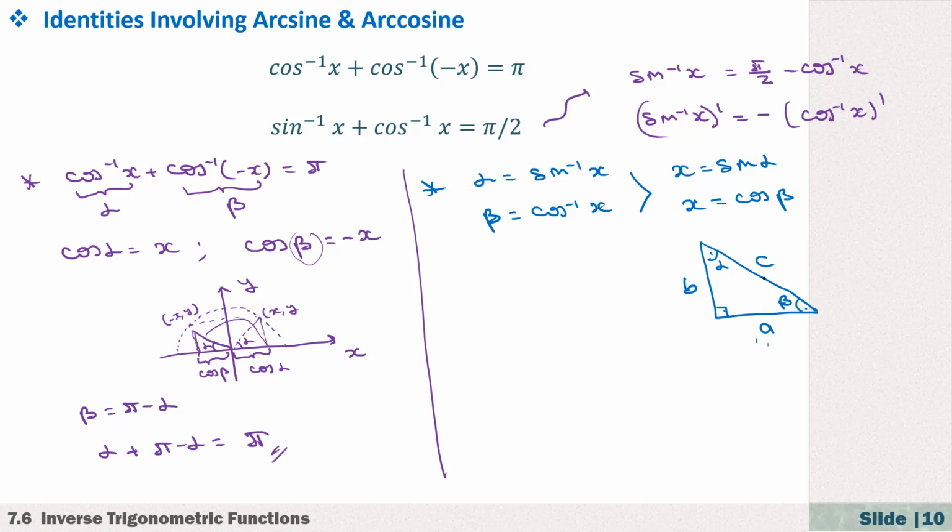So sine of alpha is equal to cosine of beta if and only if alpha and beta are complementary angles, which means alpha plus beta must be equal to pi over 2. So sine inverse of x plus cosine inverse of x is always equal to pi over 2.